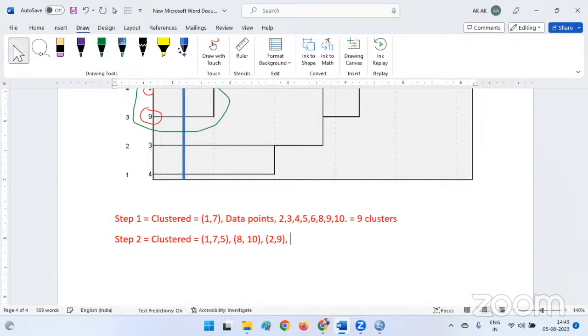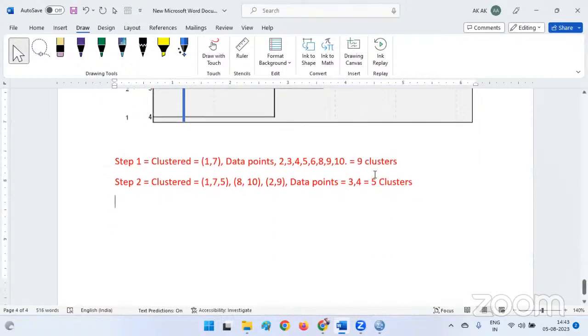And then we have data points like 3 and 4. So in a way, we have 3 clusters and 2 data points. It means 5 clusters, because if an individual is not included in the cluster, it is in itself a cluster. Or you have to strike it off. You have to say bye-bye to it. Otherwise, it will behave like a cluster.